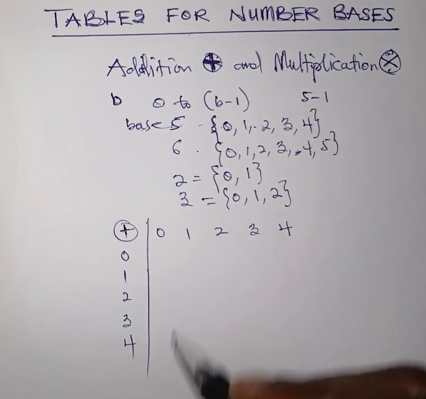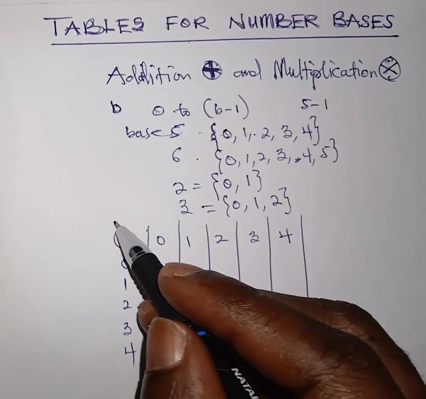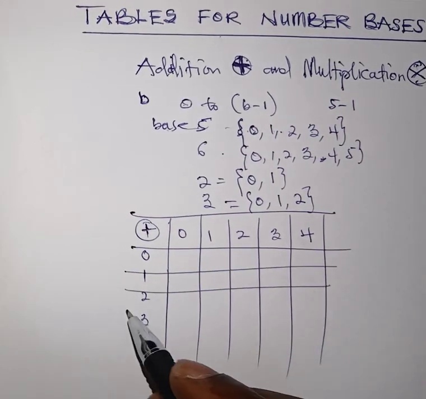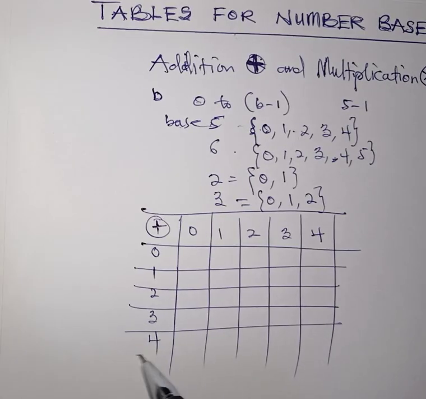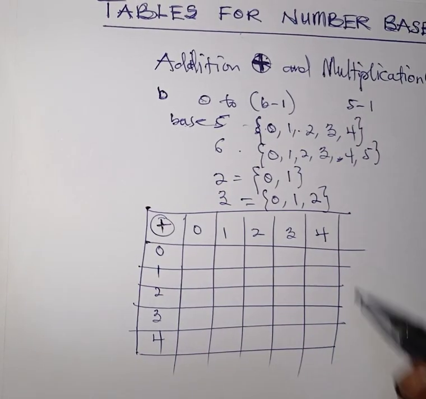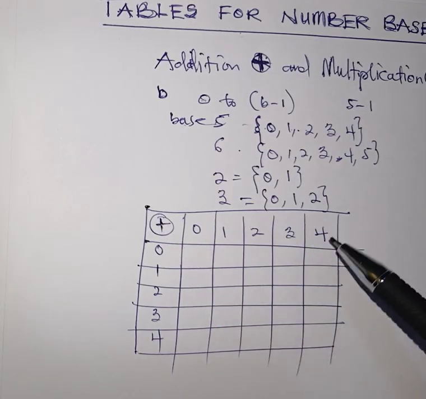So this will be in a table form. This is just a normal sketch that I'm doing to explain to you. Okay, good. You draw a table like this. So whatever is given to you, you are going to add them.